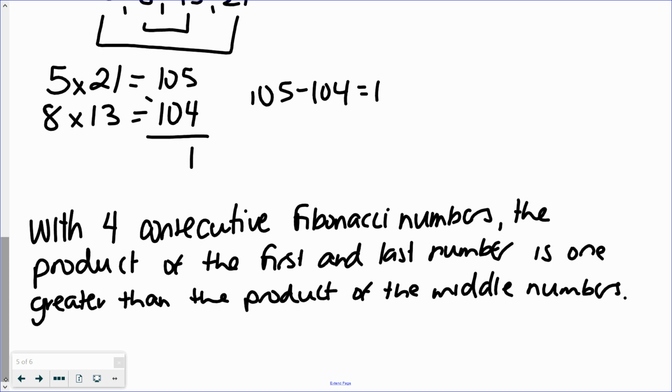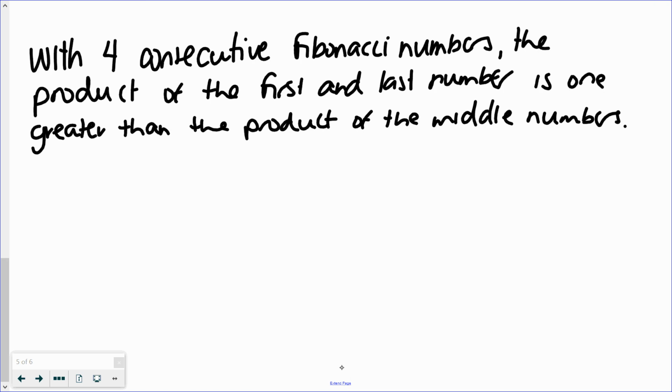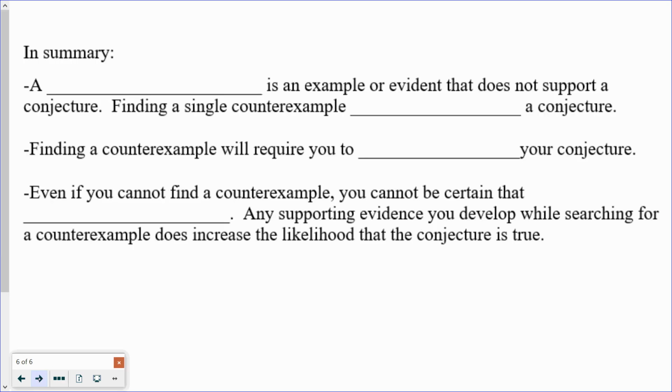I could have said the difference between the product of the first and last and the two middle ones, the difference would be 1. That might have worded it better, but that one still makes sense, kind of the way I wrote it. So you can play around with it and see if you find any counterexamples to the way that I've written that conjecture right now.